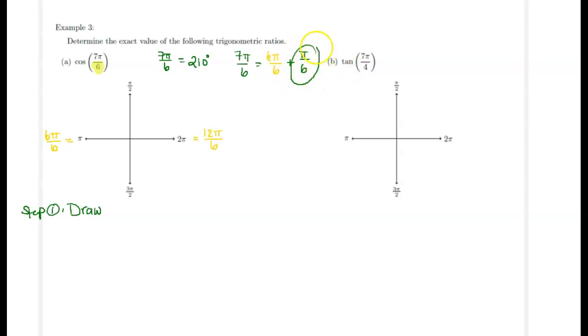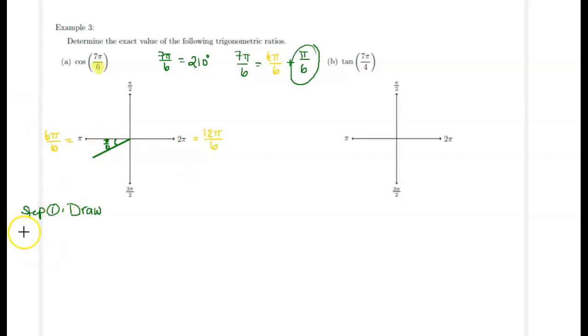So if it's 6 pi over 6 plus that, I'm going to be down here. So let's draw it out. I'm going to be living down here like that. And the angle inside here, we've just figured out, is pi over 6. Awesome. That was my step 1.